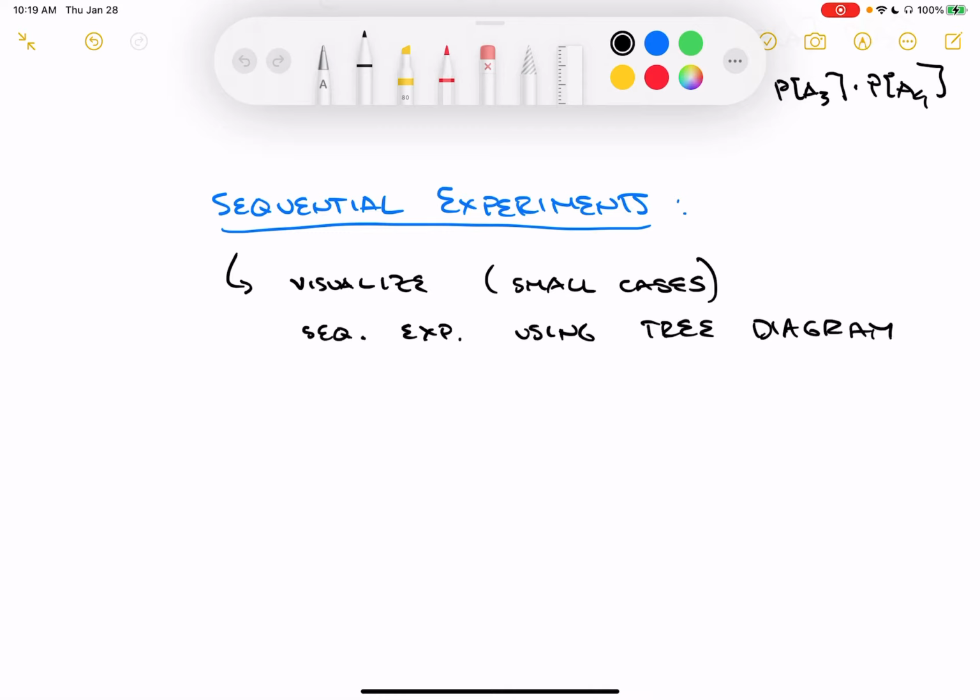This sequence, by the way, because it is a sequence, something happens, and then based on that thing that happens, we do another thing. This naturally connects to what we had already seen as being conditional probabilities.